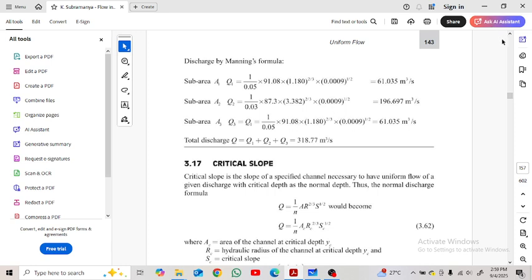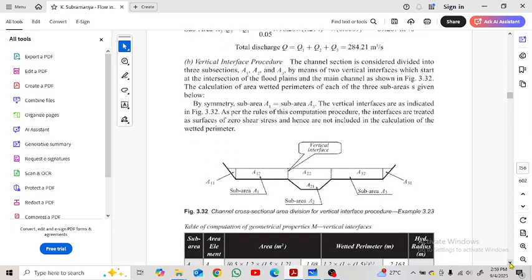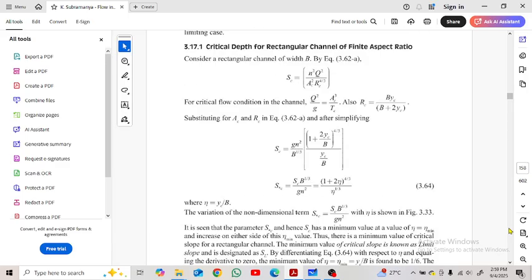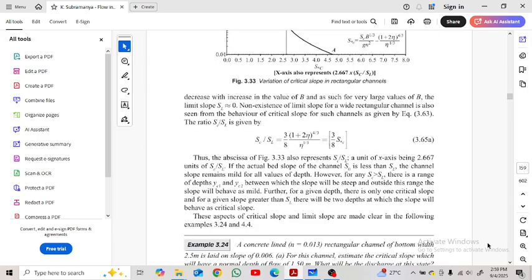You can do it this way also, but you can convert these different Manning's N roughness values to a single one by using the Horton and Einstein equation. So I suggest you do it like that. I'm going to take you to that numerical later on.